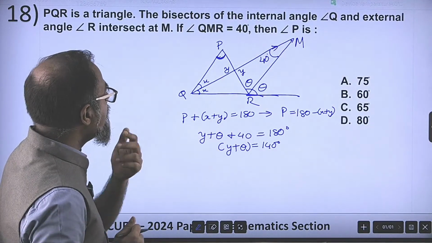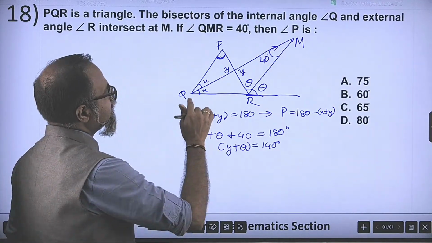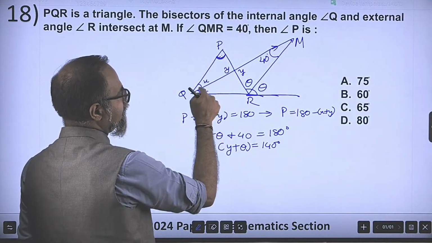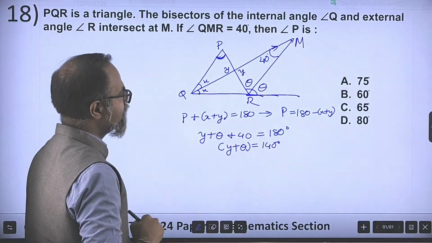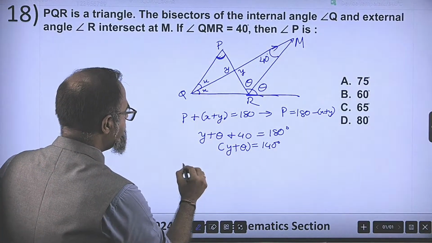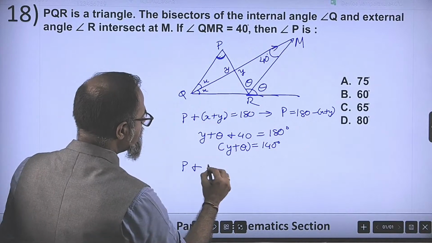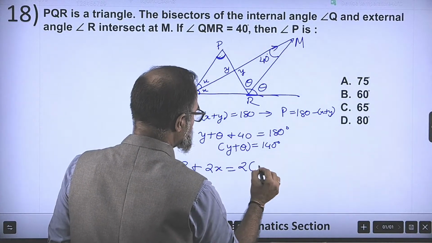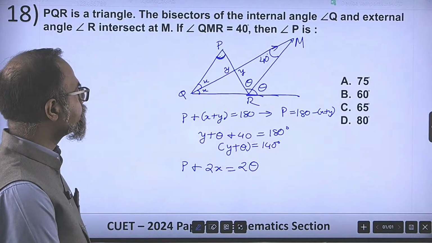Now, I know that the sum of the remote interior angles is equal to the external angle. So, P plus 2 times X should be equal to 2 times theta, right?